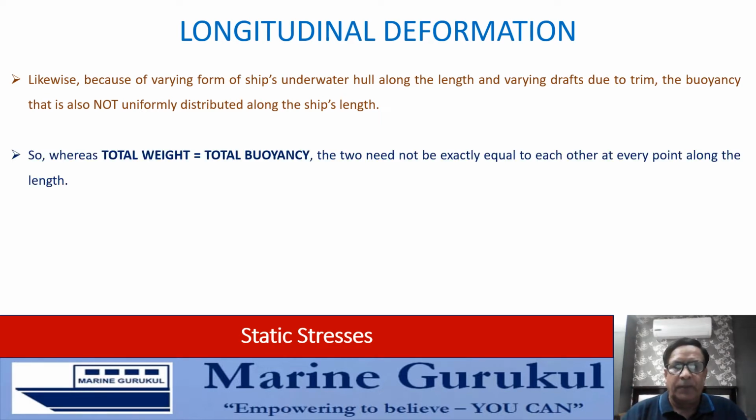No. Whereas the total weight or displacement of the vessel must be exactly equal to the total buoyancy, are these two going to be exactly equal for different portions of the ship along its length? No, they will not be exactly the same portion per portion.